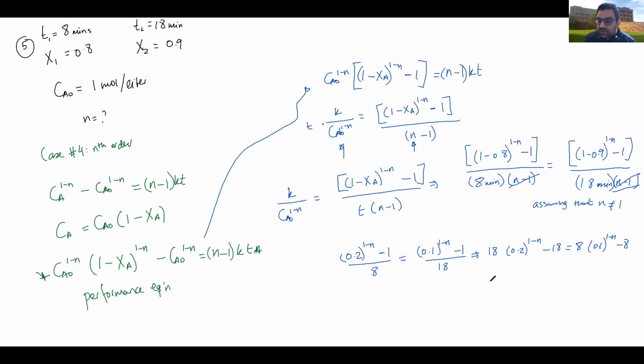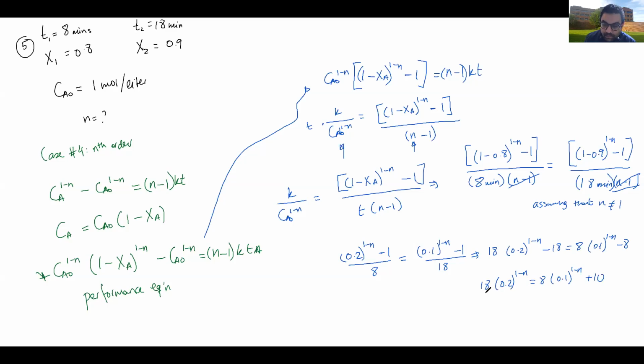I'm going to move this 18 to the other side, so I get 18 times 0.2 to the 1 minus n is equal to 8 times 0.1 to the 1 minus n plus 10. And in this case, n is equal to 2, right?